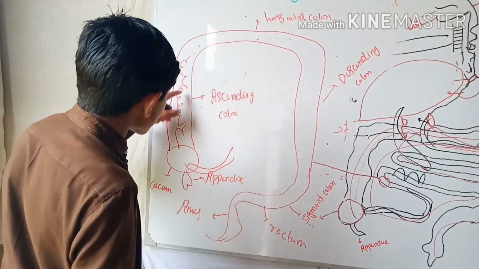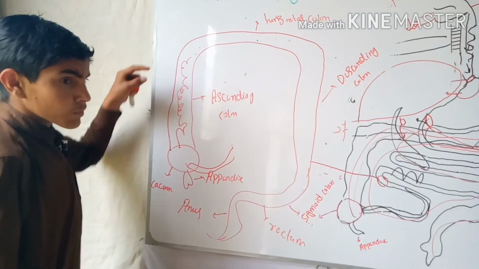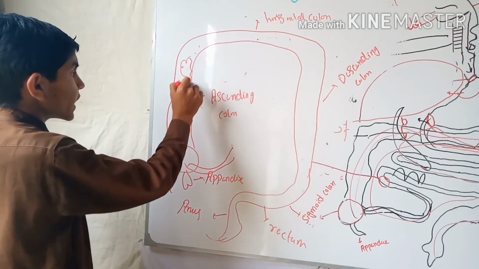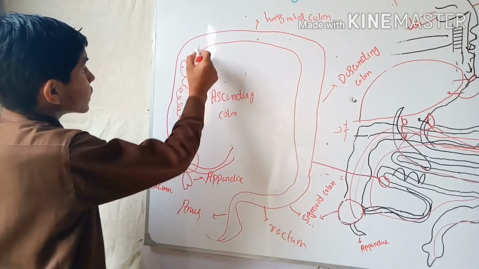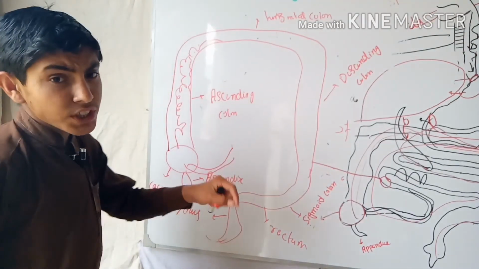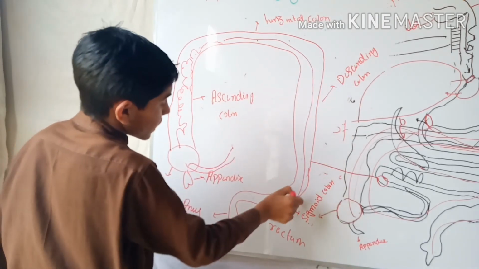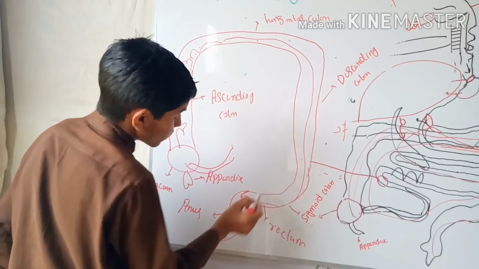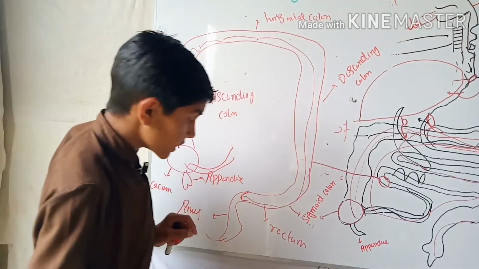In this portion, the excess water, which is responsible for the survival of life, is reabsorbed from it, and the remaining waste, the mucus and the bacteria combine and move through it and come here. So it is stored here for some time.